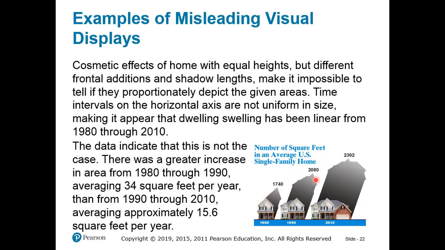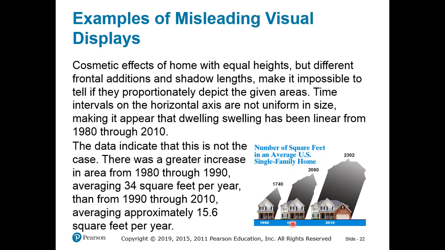So from here to here, it seems like it more than doubled. And then from here to here, it looks like it more than doubled. So did the size of houses double? This is the number of square feet. So did the average square feet for a single family home double from 1980 to 1990?